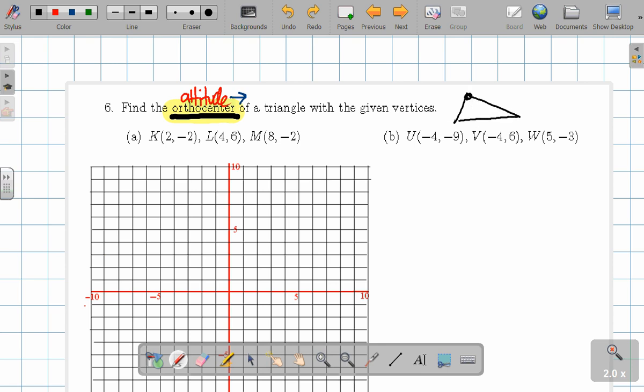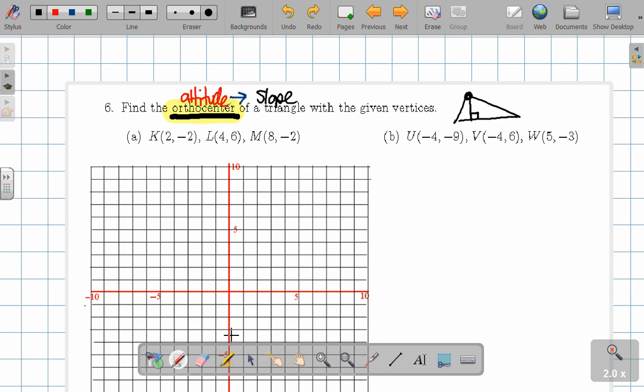An altitude is height, so by definition, you have a right angle, right? Vertex, right angle. Say it. Vertex, right angle. So yes, of course, because of that right angle, we're dealing with perpendicular lines. Okay, so altitude is vertex, right angle.